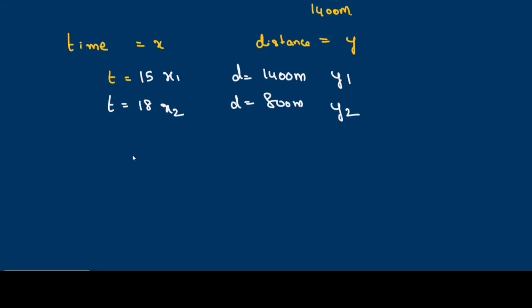So let us form the relation now. What is the relation? The linear equation in 2-point form. We know the 2 points x1, y1, x2, y2. So (y minus y1) by (y2 minus y1) is (x minus x1) by (x2 minus x1).